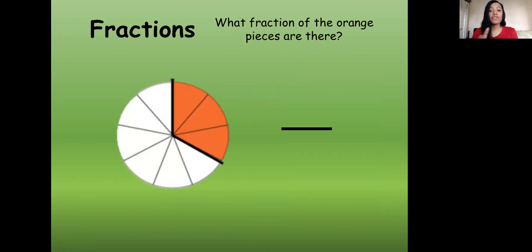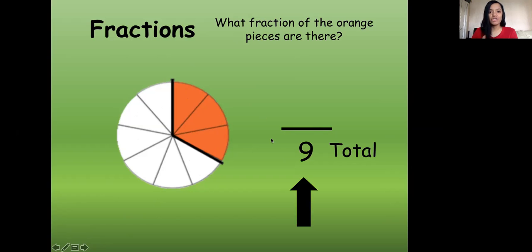Let's practice the fractions now, okay? What fraction of the orange pieces are there? So what we see here is a circle fraction, and we have total pieces and we have orange pieces. What we need to do first is look at the total. How many total pieces are there? We need to count them all. 1, 2, 3, 4, 5, 6, 7, 8, 9.